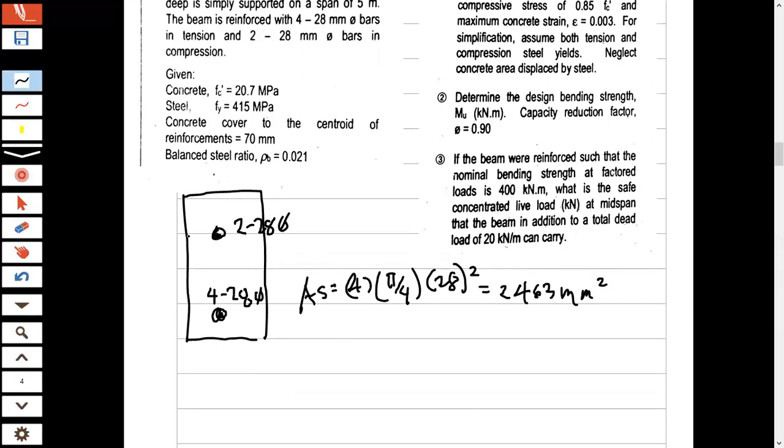Then, ito naman sa taas, ito is AS prime. Two 28, pi over 4 times 28 squared. So, obviously, that's just 1/2 of 2463, which is 1231.5.